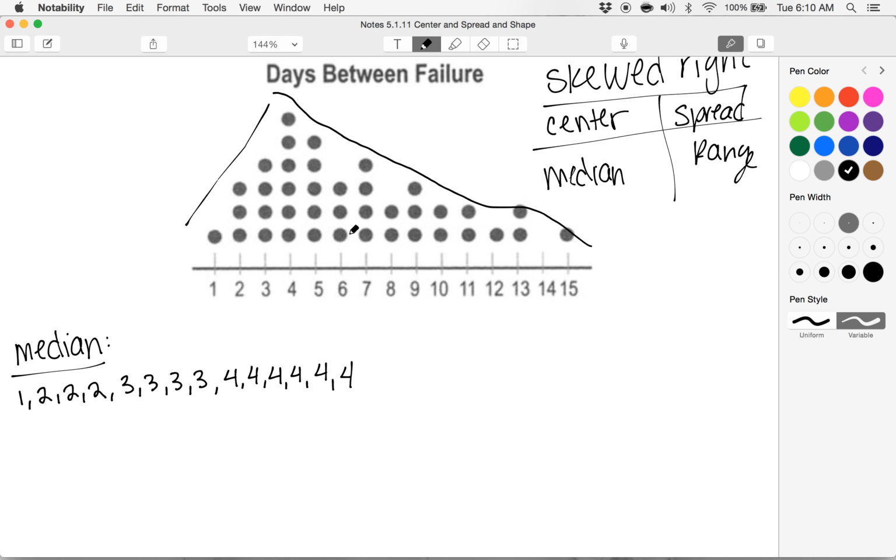This is going to be a very large data set. So 5, 1, 2, 5 fives. 1, 2, 3, 4, 5. 3 sixes. 1, 2, 3. 4 sevens. 1, 2, 3, 4. 2 eights. 3 nines.